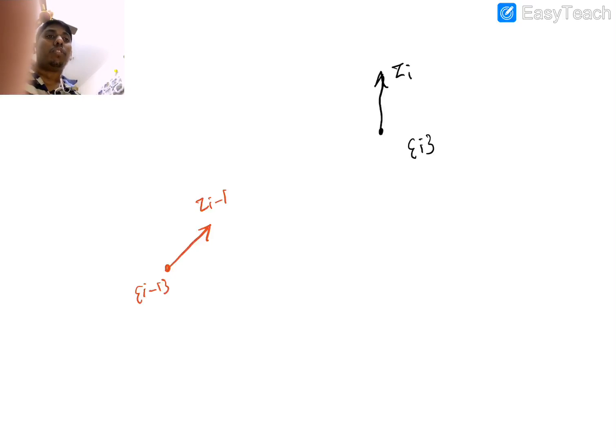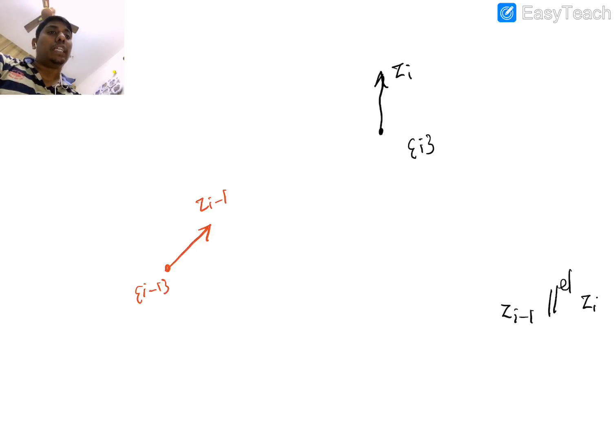Okay, so now the first operation we are trying to do is to make it parallel. So we are trying to make Zi minus 1 parallel to Zi. Obviously these two are a distance apart, so definitely we cannot do it directly, and I am just showing this is the xi, just to give clarity. So now what we are interested to see is this.